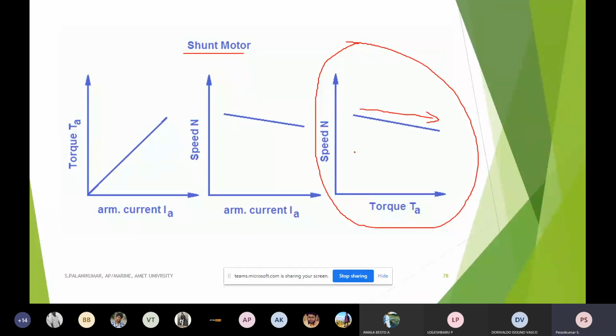Whenever I increase the load, torque keeps increasing and speed droops. But if you see the difference between the initial speed and full load speed, we can call it L0, no load, and here L is full load. Full load means only this much difference in speed is there.